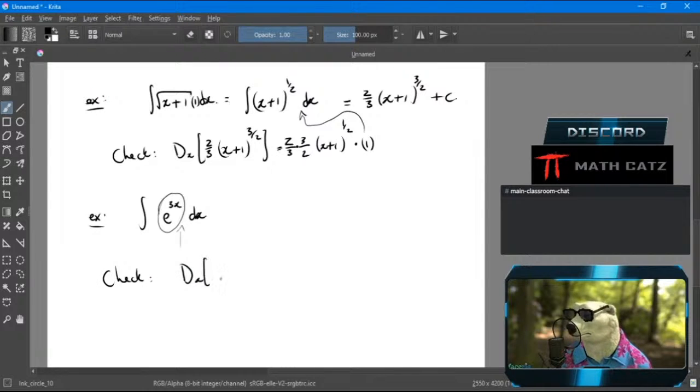I'm going to have e to the 3x. The chain rule says the derivative of the outside function times the derivative of the inside function. Derivative of the outside function is e to the 3x. Derivative of the inside function is 3.